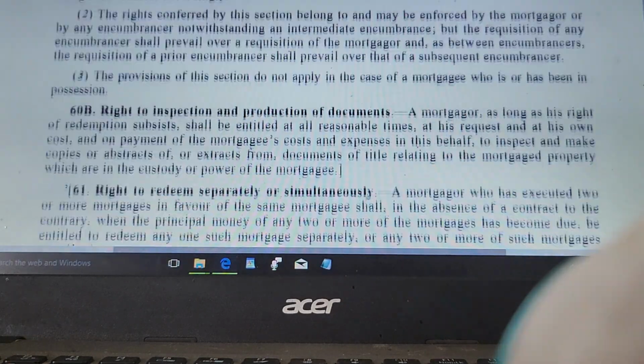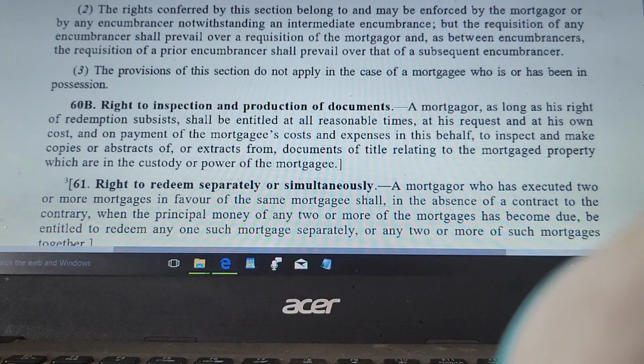2. The rights conferred by this section belong to and may be enforced by the mortgagor or by an encumbrancer, notwithstanding an intermediate encumbrance, but the requisition of any encumbrancer shall prevail over the requisition of the mortgagor, and between encumbrancers, the requisition of a prior encumbrancer shall prevail over that of a subsequent encumbrancer. 3.